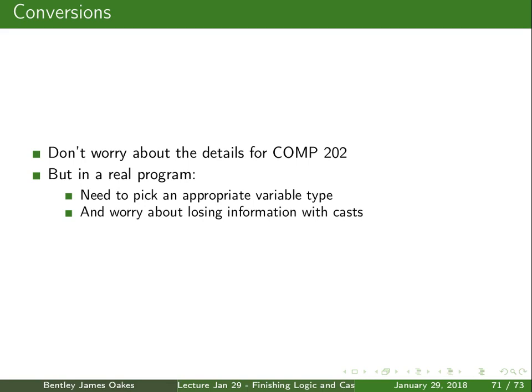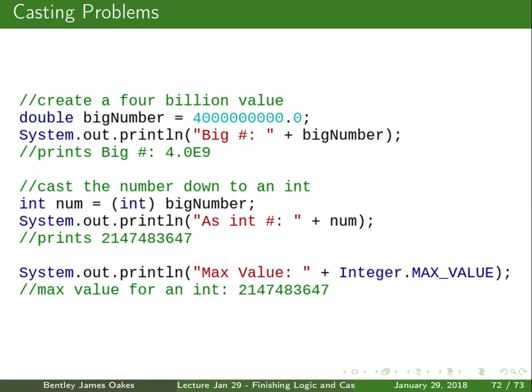And in a real program, you really need to worry about losing information with casts. Here, I'm storing 4 billion as a double. Even though it's a 0.0, if I try to cast that down to an integer, I'm going to cast that really big number and print it out. And my result that prints out is 2.1 billion. So now it's thrown away 2 billion or something. Why is this? It's because if you print out the maximum value that an integer can hold, it can only hold 2.1 billion.